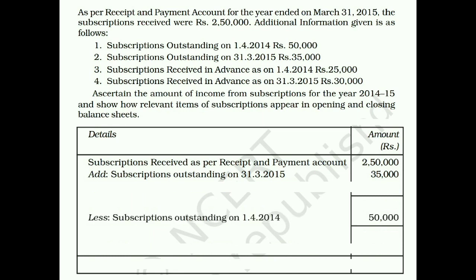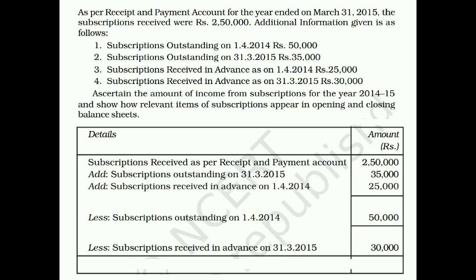The next is subscription received in advance. First, the advance subscription of current year. Which subscription is advance of the current year? The fourth one, 30,000, and the advance of current year will be less, 30,000 less. Then the last year subscription advance will be added.